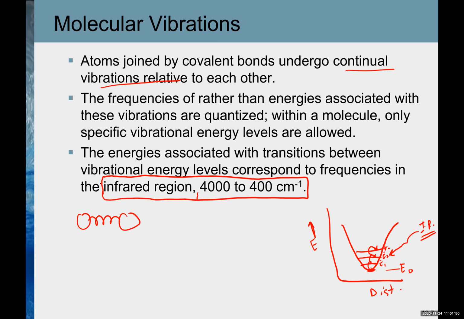Although we call them wave numbers, they still have energy associated with them. If you want, you can calculate wave energy, because you know the relationship between wave number and wavelength. And from wavelength, you can apply the formula E equals h nu. So first you need to convert wave number to wavelength, then from wavelength calculate the wave frequency, and then you can calculate energy. But in the plot, we plot versus wave number.